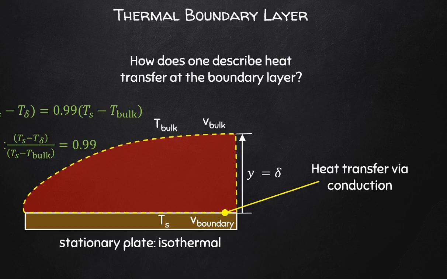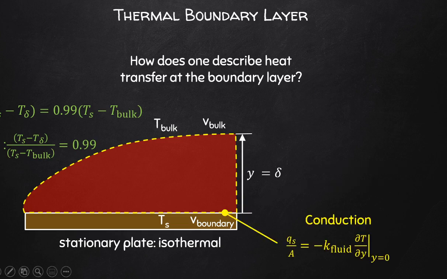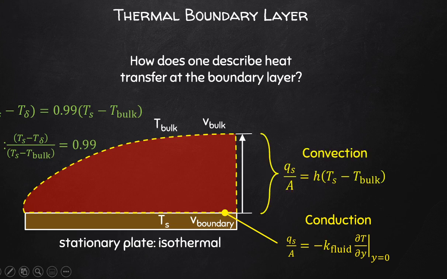Since the fluid is not in motion near the surface of the plate, no convection takes place, so heat transfer is by conduction only. The conduction that occurs through the fluid layer is given by Fourier's rate equation as before, using the temperature gradient across this fluid sublayer and the thermal conductivity, K fluid, for the fluid, of course.